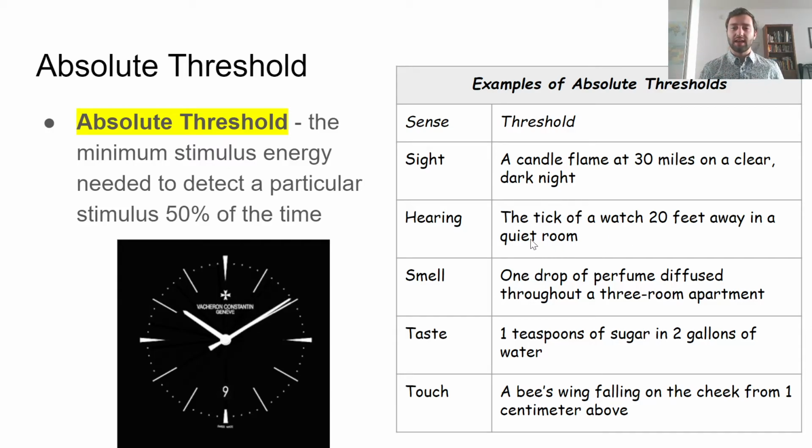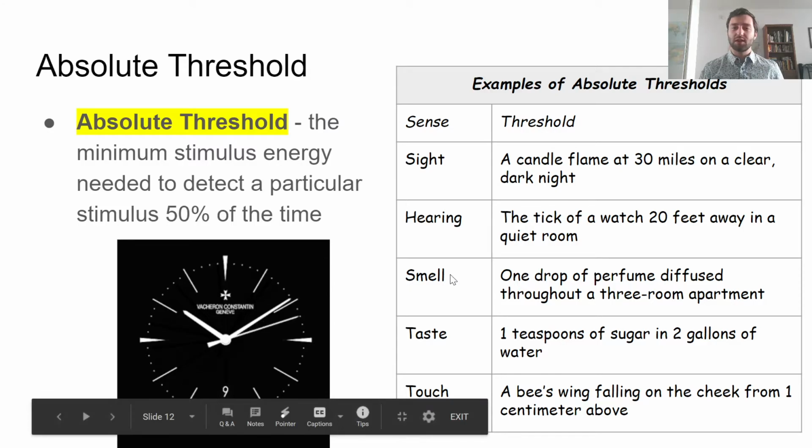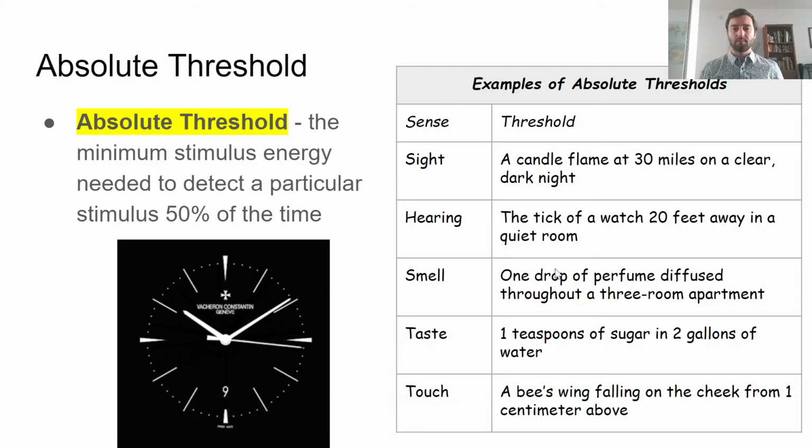For hearing, it is the tick of a watch. That's why I have this little watch right here. The tick of a watch 20 feet away in a quiet room. For smell, it is 1 drop of perfume diffused through a 3-bedroom apartment. For taste, it is 1 teaspoon of sugar in 2 gallons of water. And for touch, it's a bee's wing falling on the cheek from 1 centimeter above it.